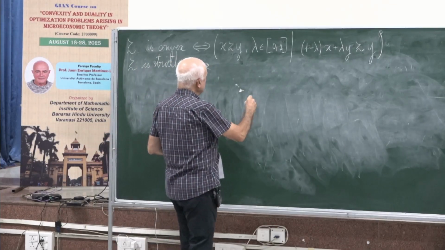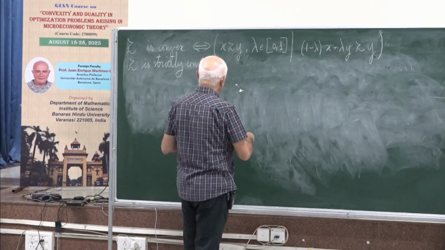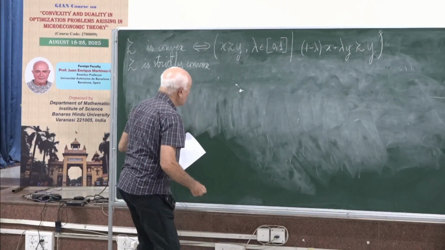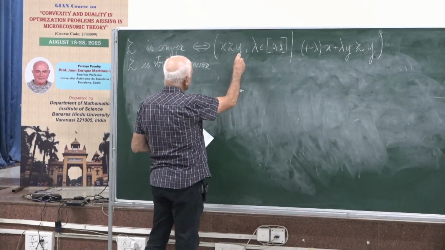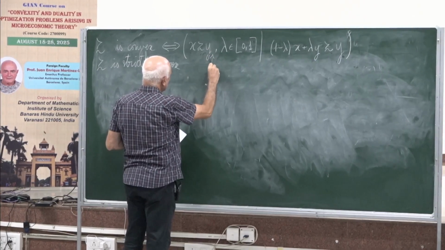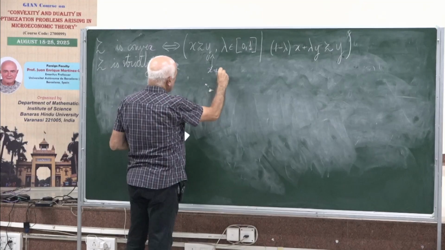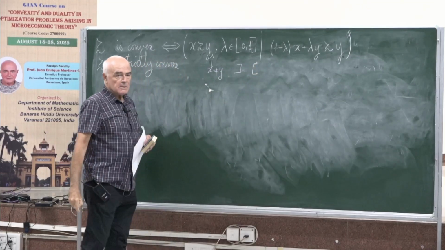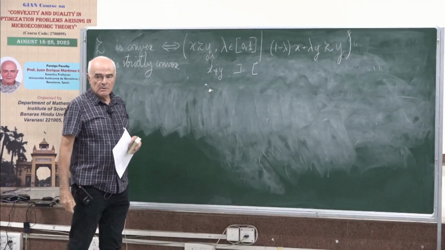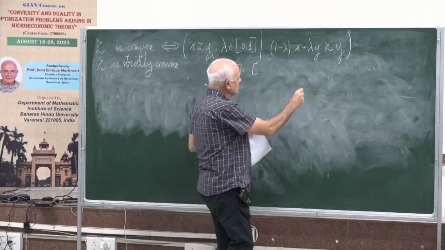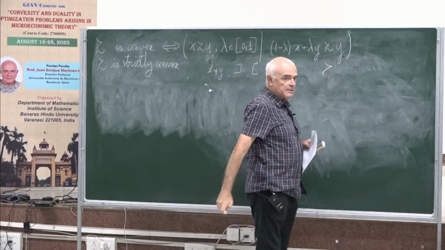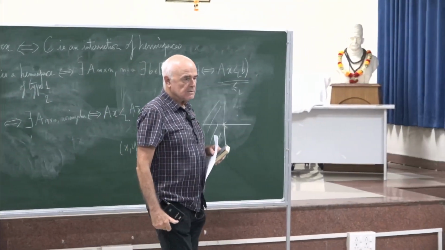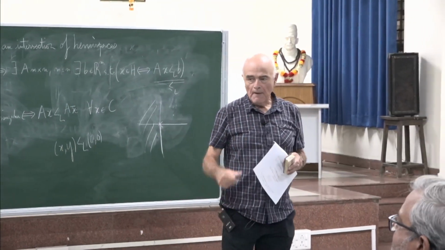It is the same, but with the following modifications in the definition. Here you have to include x different from y. Here you have to replace the closed interval with an open interval. And here you have to write a strict preference instead of the non-strict one.